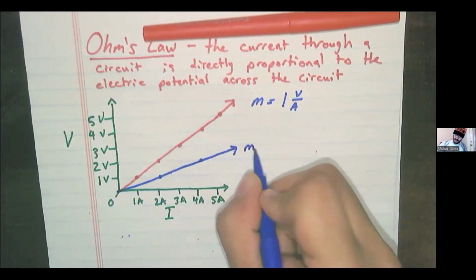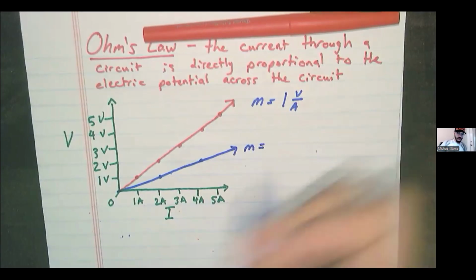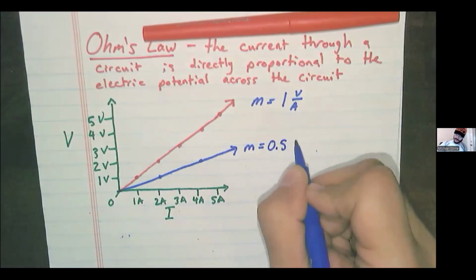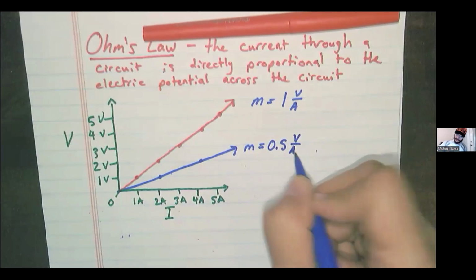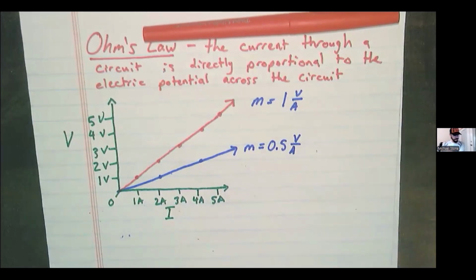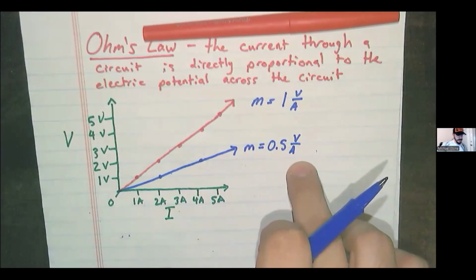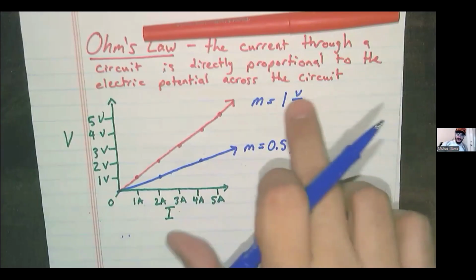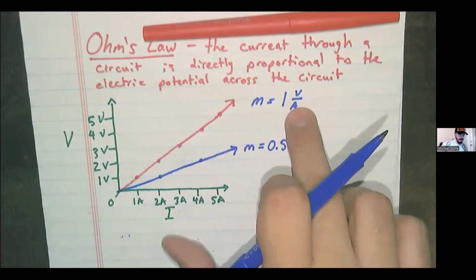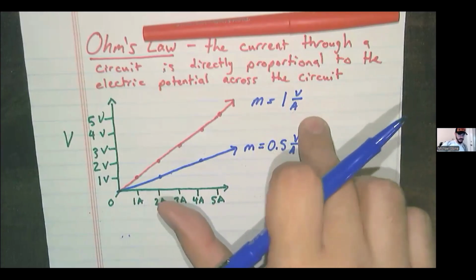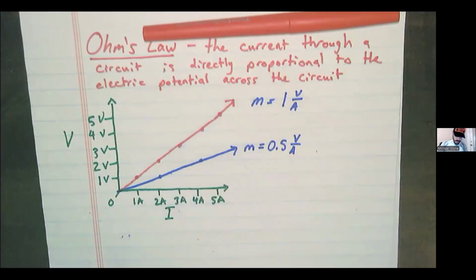And the slope of this line, half a volt per ampere. In other words, every volt gets you 2 amps. Here, every volt got you 1 amp. So there was less flow per volt on this one, if you flip it.